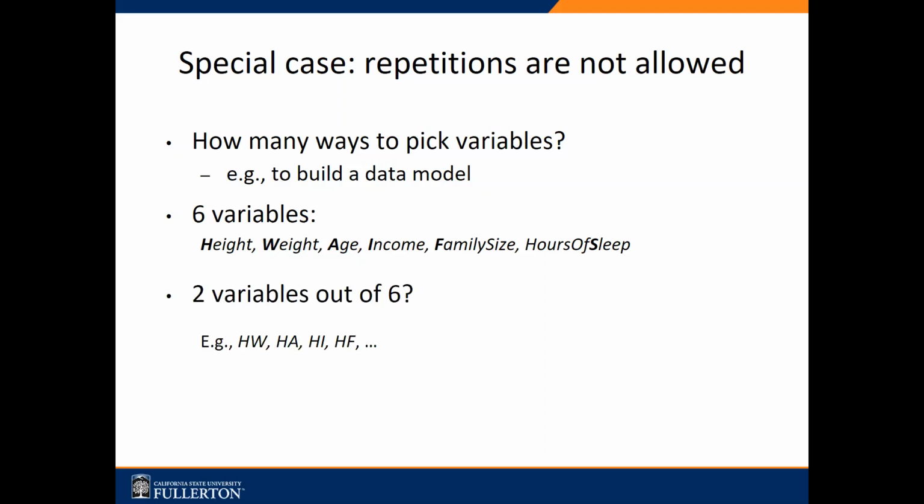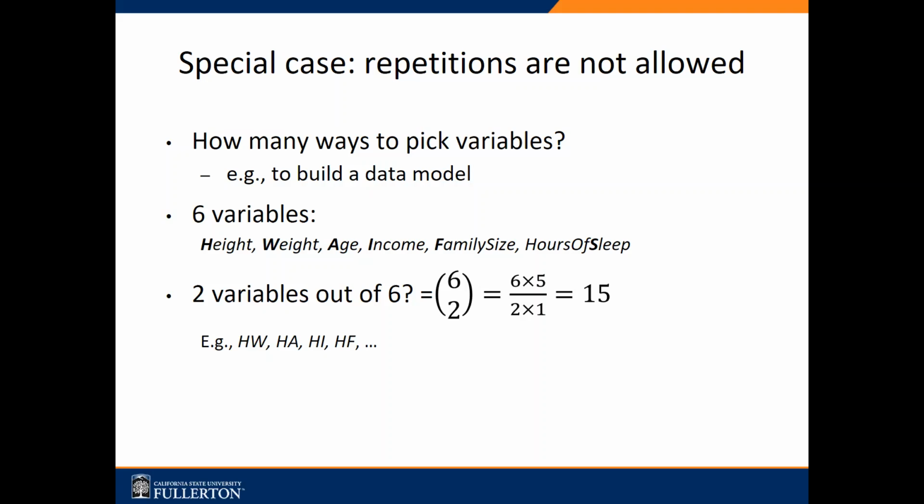Examples of these are height and weight, height and age, height and income, and so on. The number of ways of picking 2 out of the 6 variables is given by the formula 6 choose 2, which is 6 times 5 divided by 2, which is 15. And so we'd say that there are 15 such possible models.